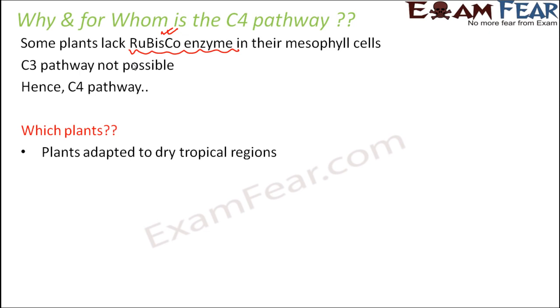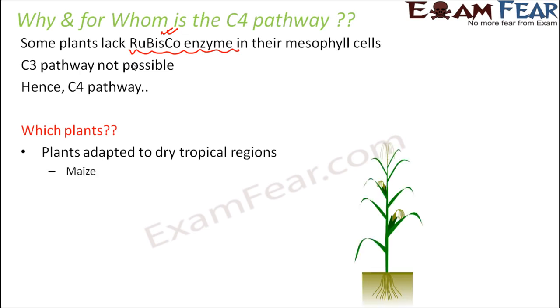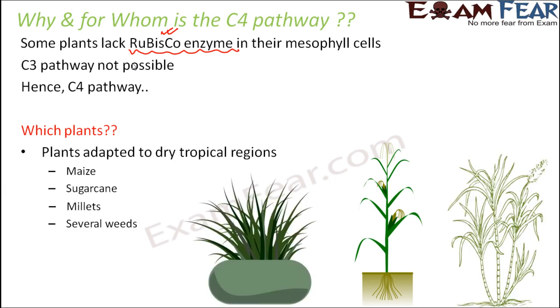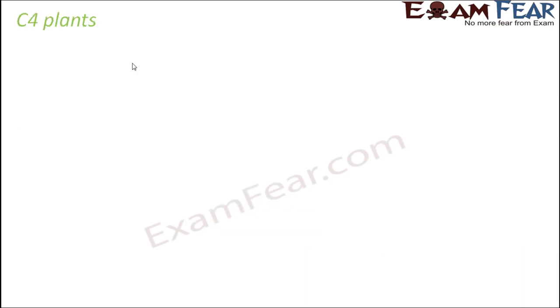The plants which show the C4 pathway are known as C4 plants, and the plants following the Calvin cycle are called C3 plants. Examples of some C4 plants are maize, sugarcane, millets, and several weeds. These are plants where in their mesophyll cells the C3 cycle cannot happen, and therefore the C4 pathway takes place.